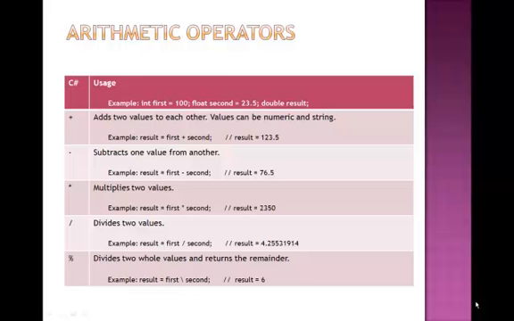So these variables are declared, and I would like to show you how these operators work, for those who would like to remember the arithmetic operators in C++ and C#. The addition operator is a plus sign, and it adds two values to each other.